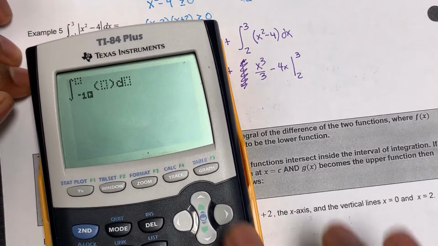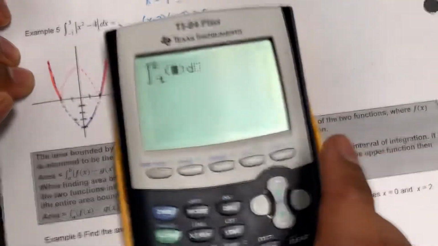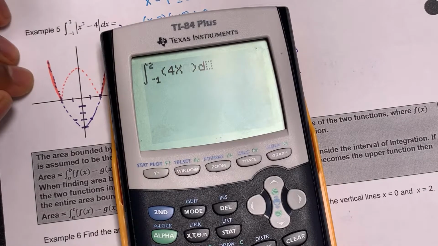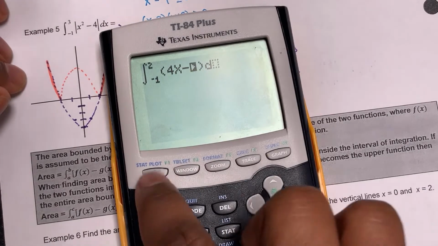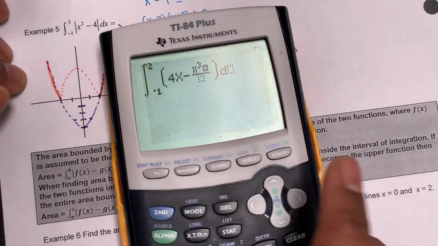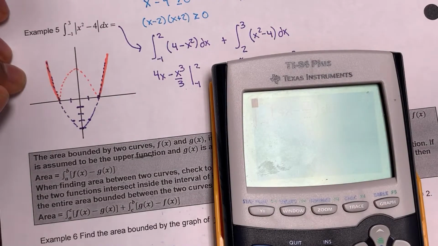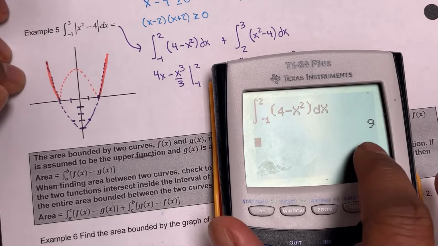One is from -1 to 2 of 4 minus x squared dx. What am I saying? This should be -1 to 2 of 4 minus x squared dx. We get 9.